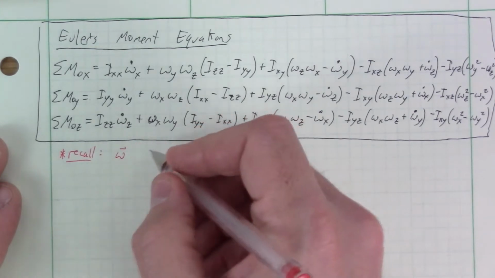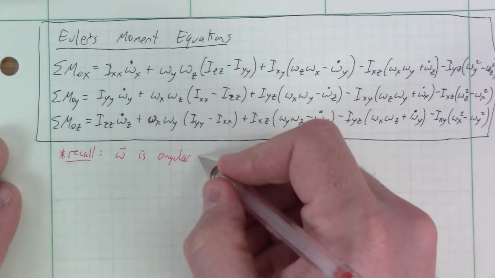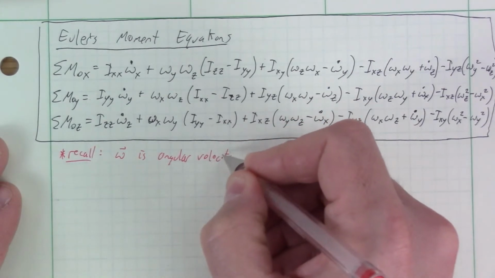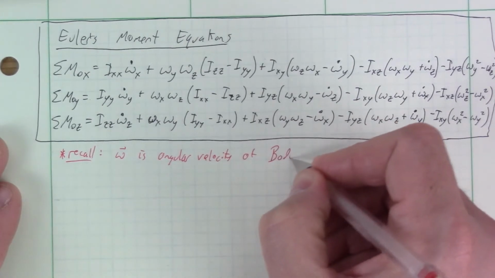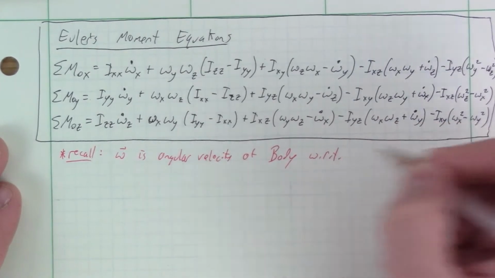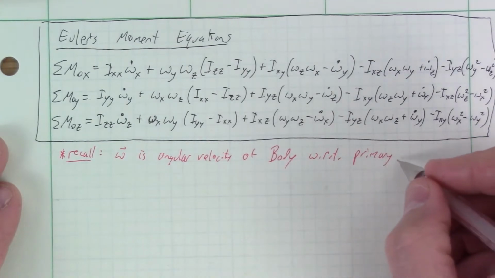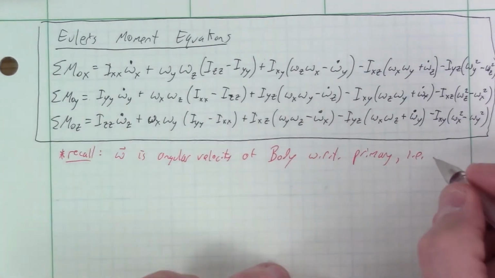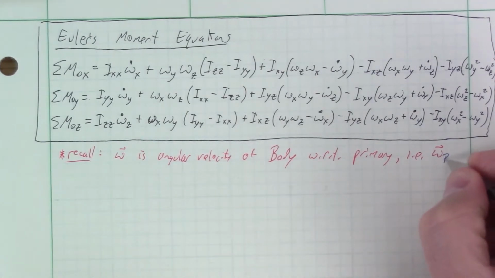So let's just recall one thing. Omega is the angular velocity of the body, or our secondary reference frame, which we set to the body, with respect to primary. So this is actually omega of the body.